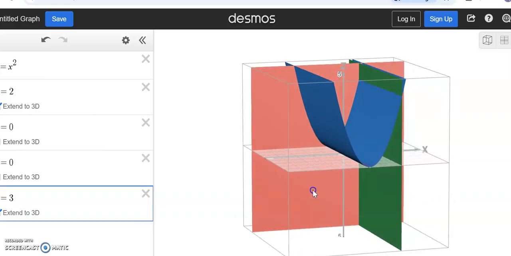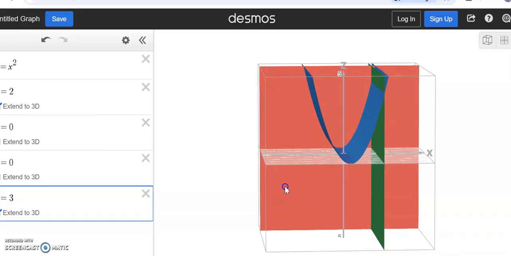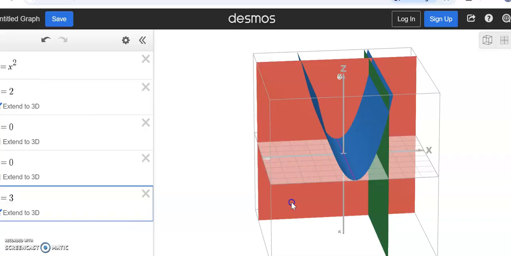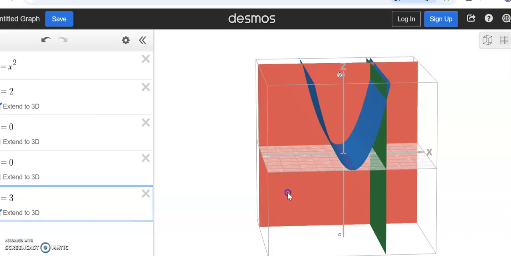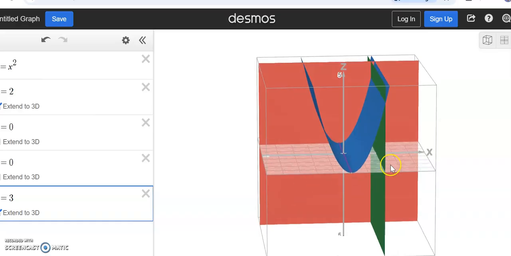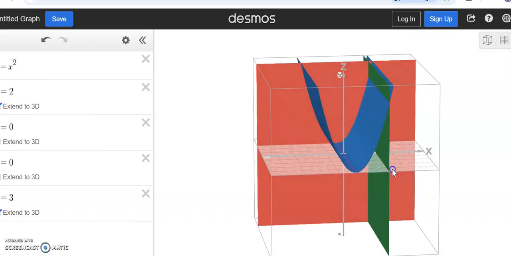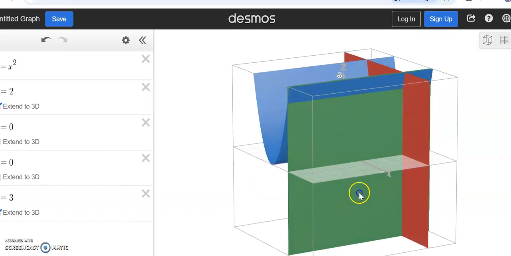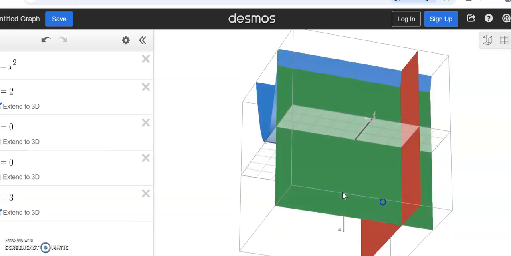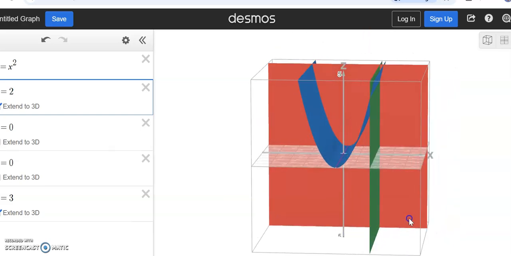Okay, so the blue surface is z equal to x square, and then we know the planes x equal to 0 and y equal to 0. Now the green plane is the plane x equal to 2 and the red plane denotes y equal to 3.